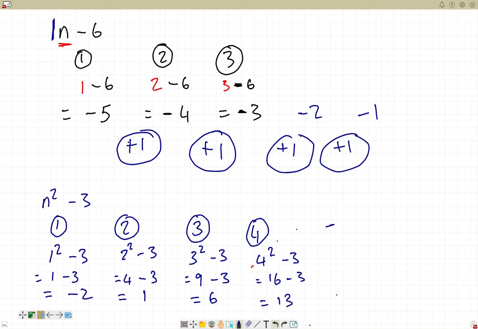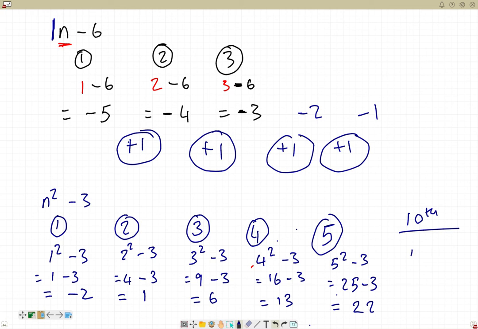And then the fifth and final term, I can do 5 squared, take away 3, which is 25, take away 3, which gives me 22. Okay? Let's say 10th term, 10 squared, take away 3.